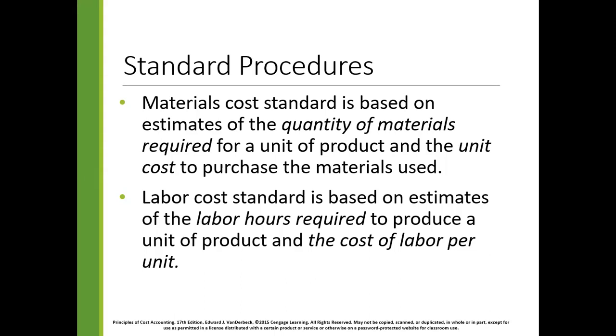So if we have a favorable labor variance, like we had in our example, Cortez Manufacturing, maybe we paid less per hour. Maybe we paid our workers less per hour than what we budgeted for some reason. So labor variances we can break down into either a labor rate variance or an efficiency variance.